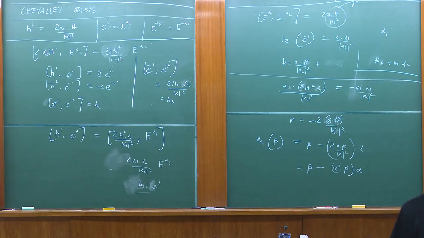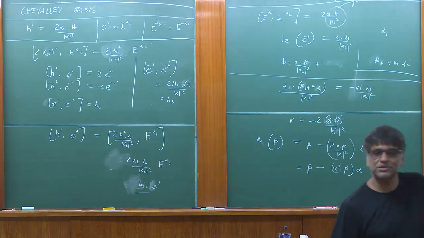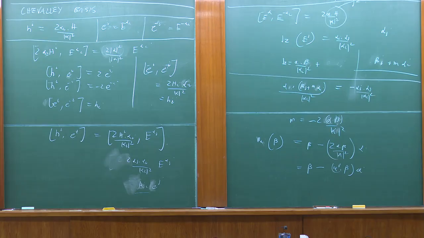So you see that if beta belongs to the root system, this quantity also belongs to the root system. This is true for all betas and all alphas.